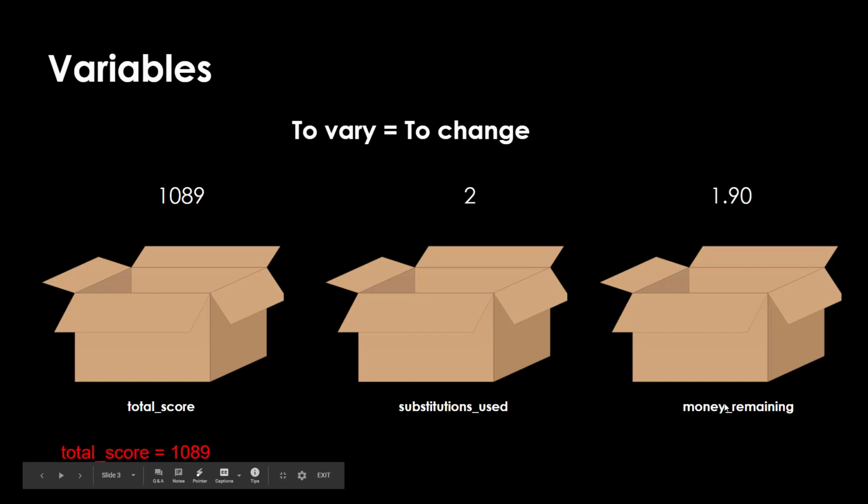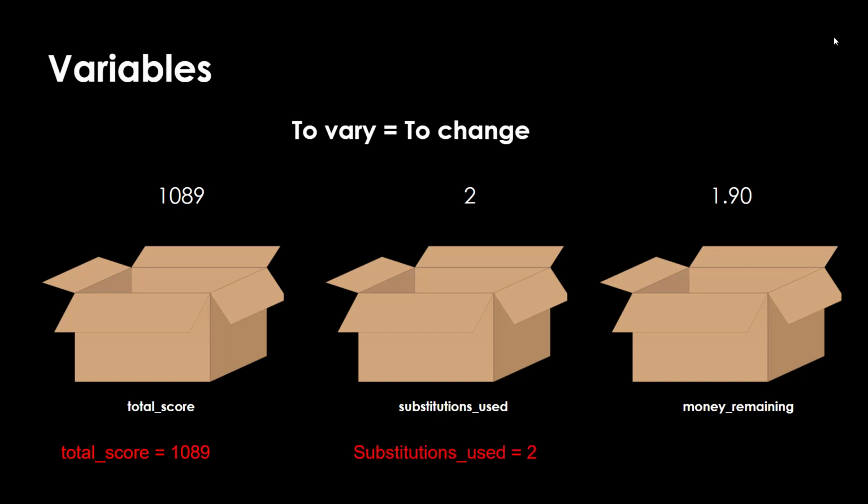Now, looking at the Python code for this, you can see that in red here. And the Python code says total underscore score. So that's my creation, my declaration of my variable. And I use the equal symbol, which means assign. So assign whatever's on the right-hand side into the variable on the left-hand side. So assign 1089 over into the total score variable.